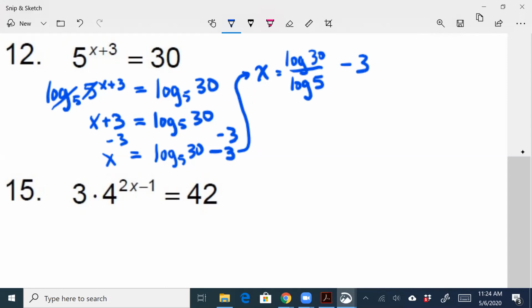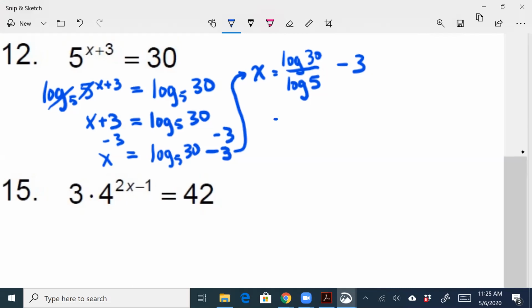So then we put that in our calculator. And here x is equal to 2.113.